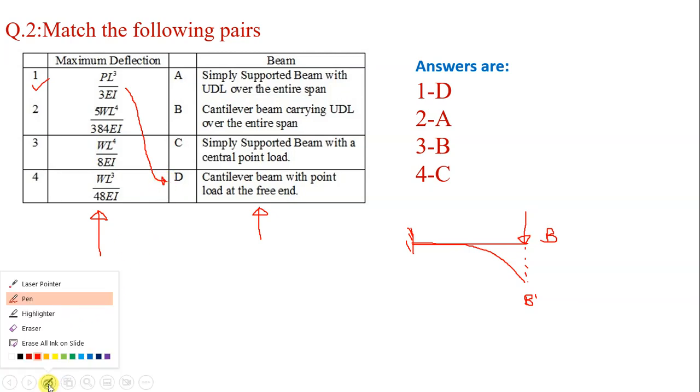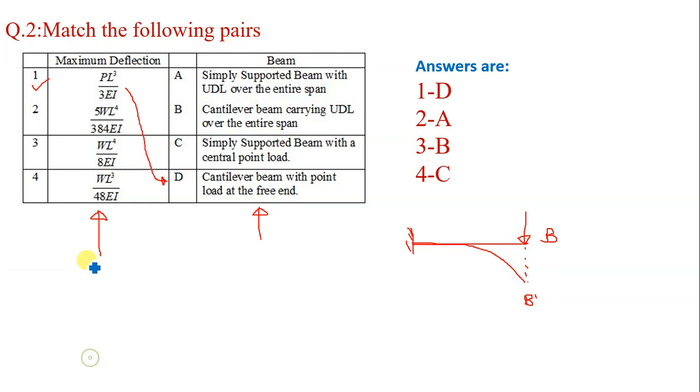Now in the second case, the maximum deflection value given is 5 WL raised to 4 upon 384 EI. The correct answer is A: simply supported beam with UDL over the entire span.